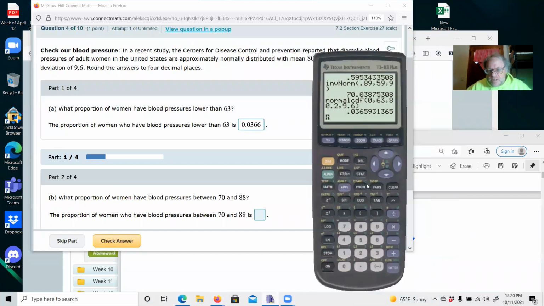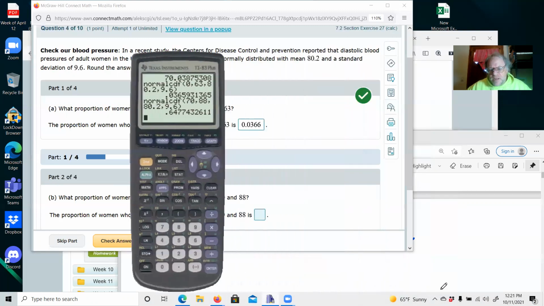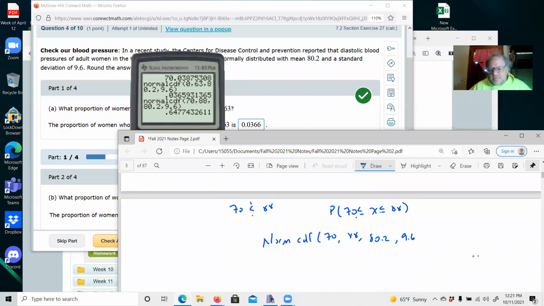So second function, distributions. You remember the empirical rule says 68% of the data is within one standard deviation. Then our average was 80.2, and we had 9.6. 64.77.